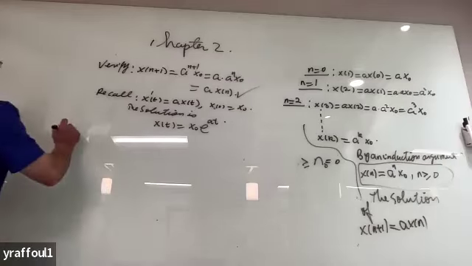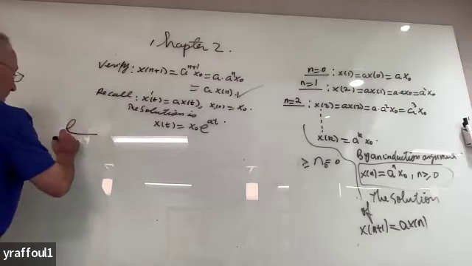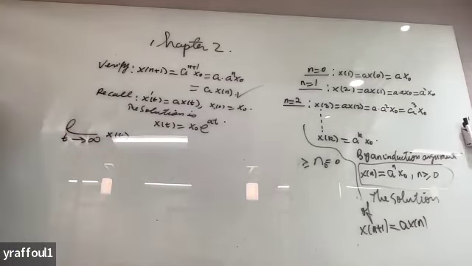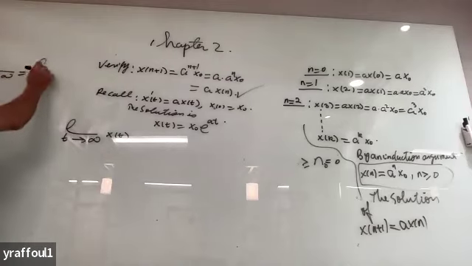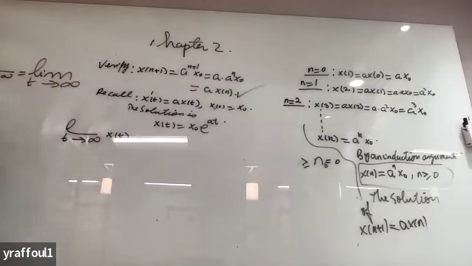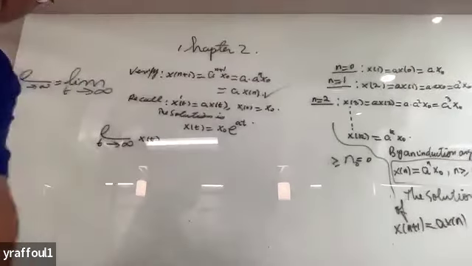So if I look at the limit as t goes to infinity of x of t, remember this means lim as t goes to infinity, all right? Were you able to see this? Okay.